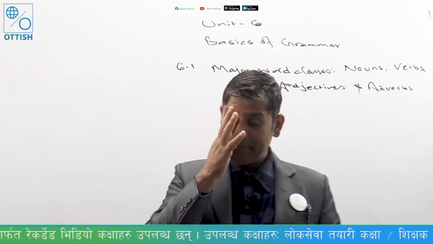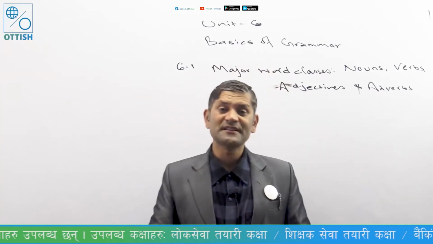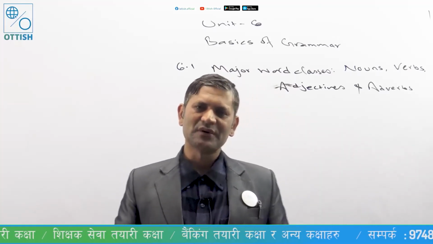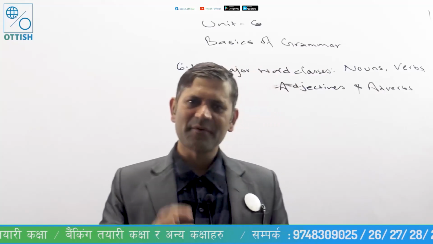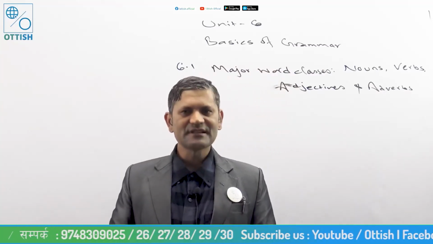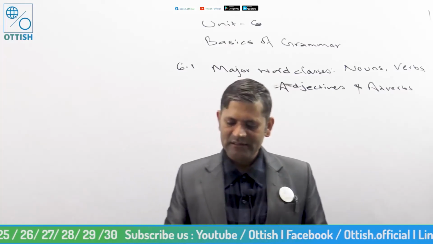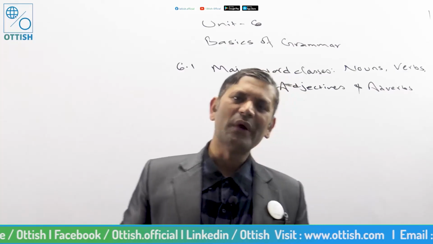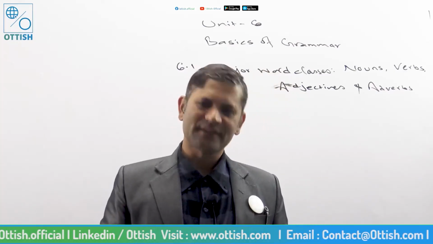So basics of grammar includes major class words and minor class words. Major class words: noun, verb, adjective and adverb. These four. Minor class words: preposition, conjunction, articles, interjection and determiners. In the past, these were called parts of speech.